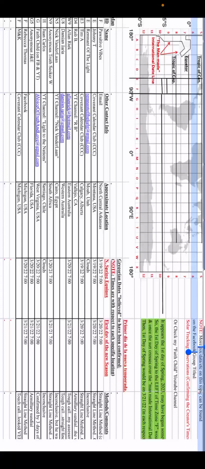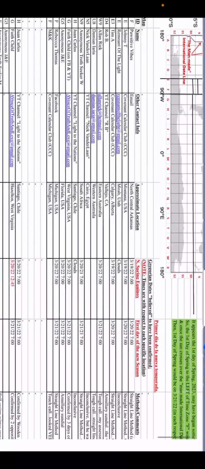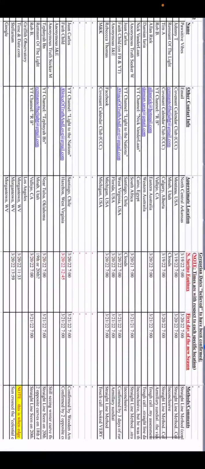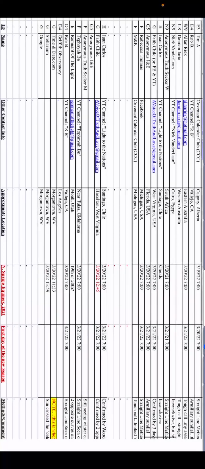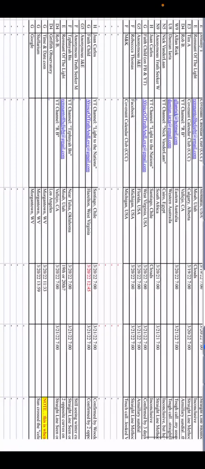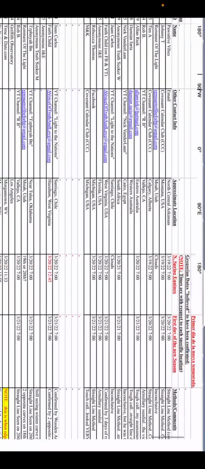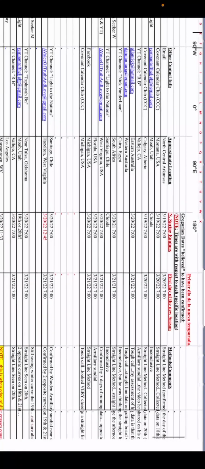And so we'll start with, if you look at the top of the screen, the gentleman in Calgary, Alberta. He collected data on the 20th and the 21st, and he believed he was seeing spring curvature in that data set.